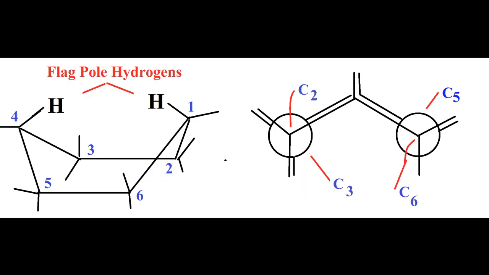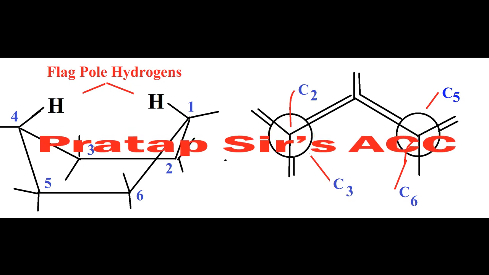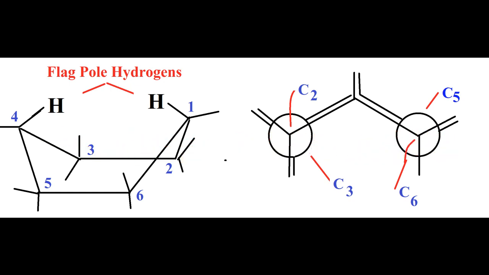In the boat conformation, though there is no angle strain, the C2 and C3 and the C5 and C6 are eclipsed, for which there is considerable strain. Since the two hydrogens at C1 and C4, which are called the flagpole hydrogens, are close to each other, van der Waals repulsion comes into play.